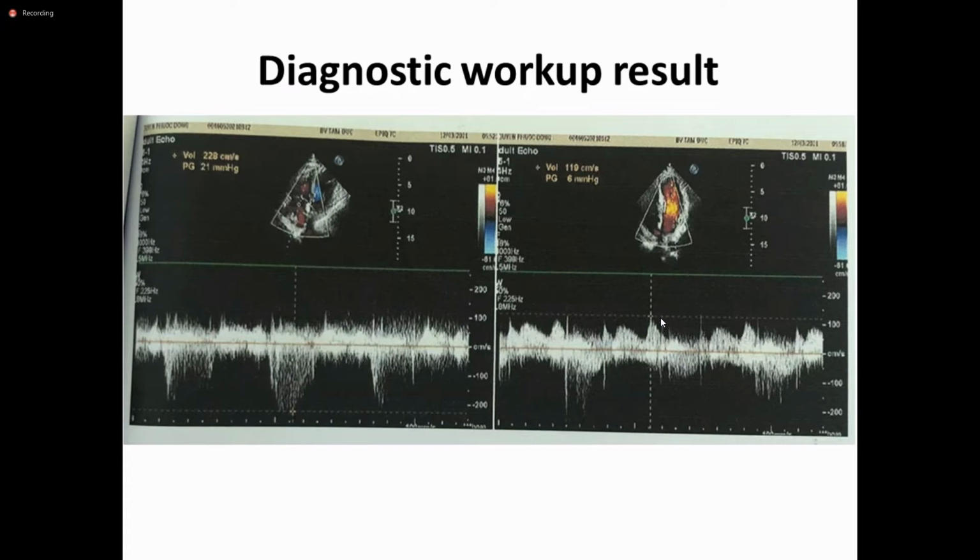And if they see a lesion, let's say 70%, it could be non-significant. Within Asia, I talk about China, Vietnam, Philippines, Malaysia, Thailand, they do the stent for the patient.